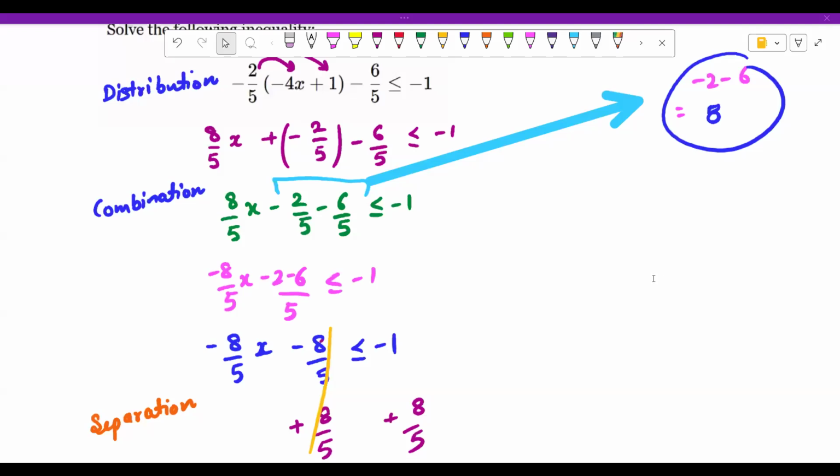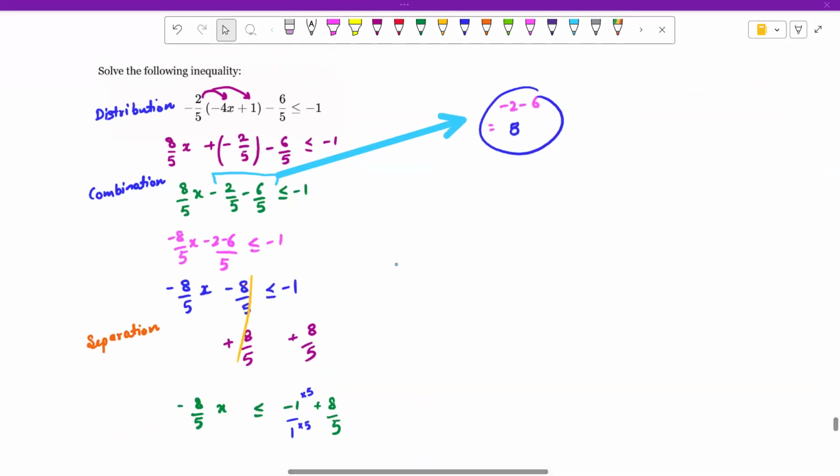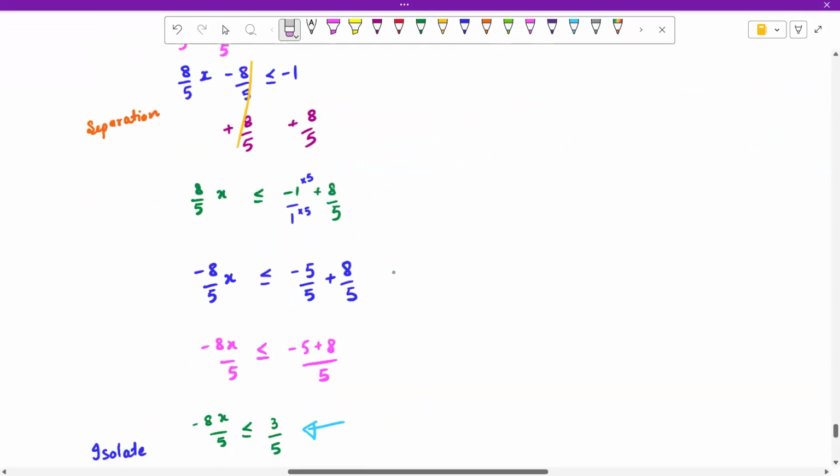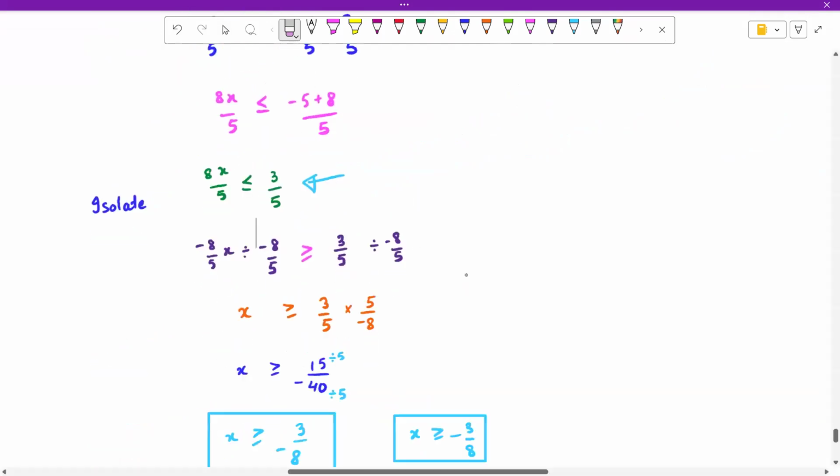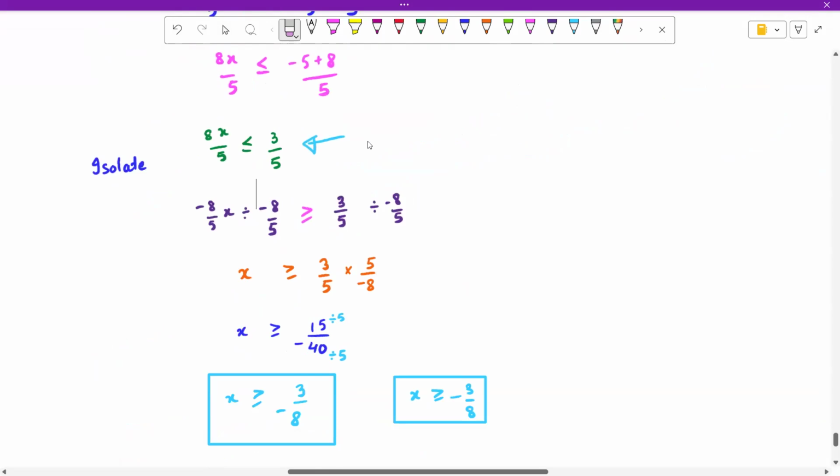When we were doing it, I accidentally put a negative 8 over 5. There was no negative here, and none here or here. So the answer is x is less than or equal to 3 over 8.